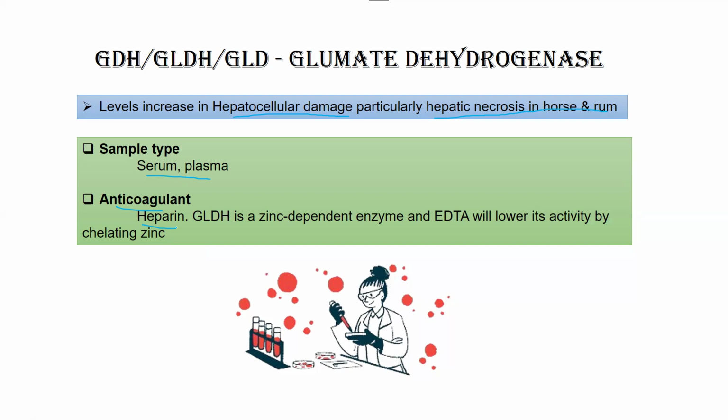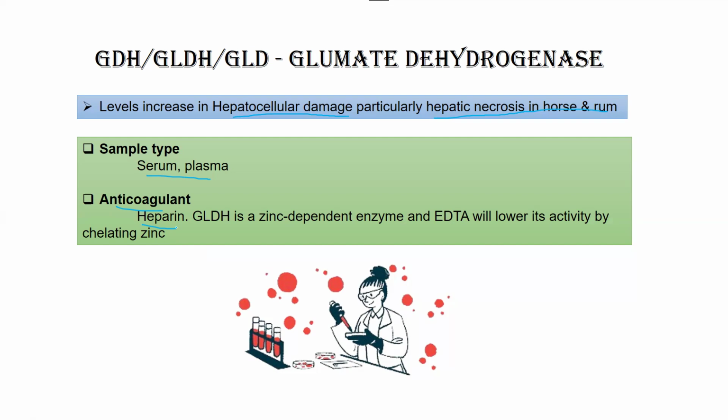Because these anticoagulants basically stop the process of clotting, and they have different modes of action. The heparin or green top tube does not interfere with zinc dependent enzymes like GLDH or SDH. You should remember, both GDH and SDH are zinc dependent enzymes, and heparin does not interfere with them.